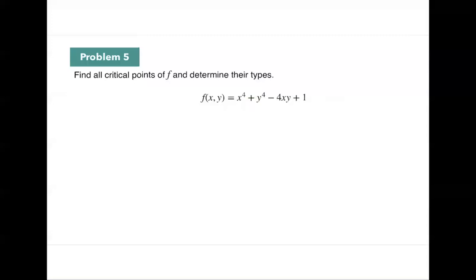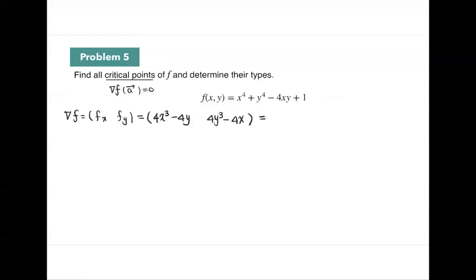In this case, to find the critical points, you know that critical points are the points where gradient f is 0. So we want to find the gradient f first. So gradient f is given by fx and fy. So let's take the partial derivatives here. So 4 times x cubed minus 4y, and 4 times y cubed minus 4x.